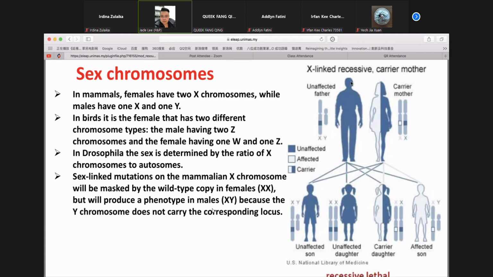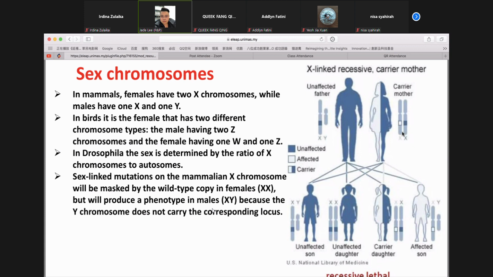Kalau kita tengok di sini, X-linked recessive, the carrier mother. Kalau unaffected father dengan carrier mother, siapa yang akan mempunyai chance yang lebih tinggi untuk affected? Ialah lelaki, betul tak? Kerana lelaki akan inherit satu X daripada mak dia.